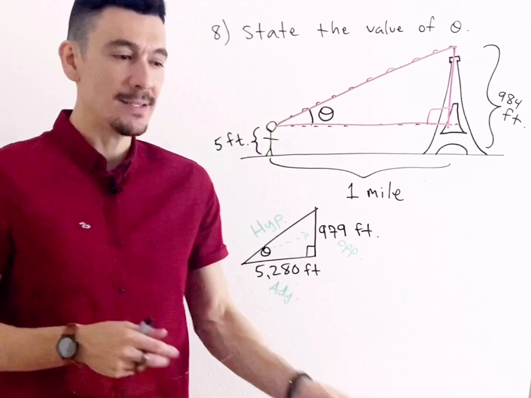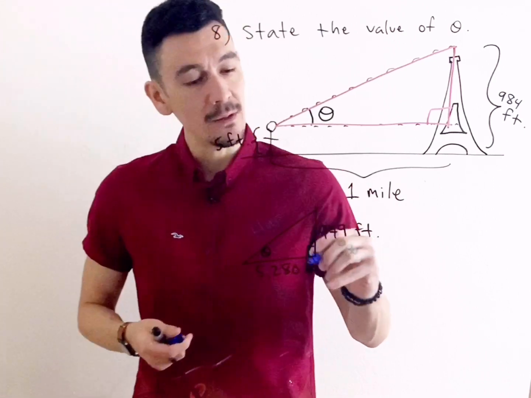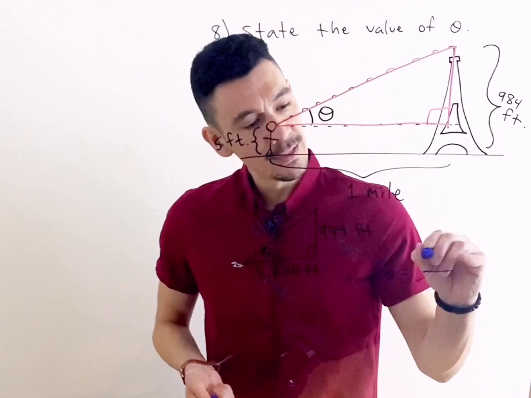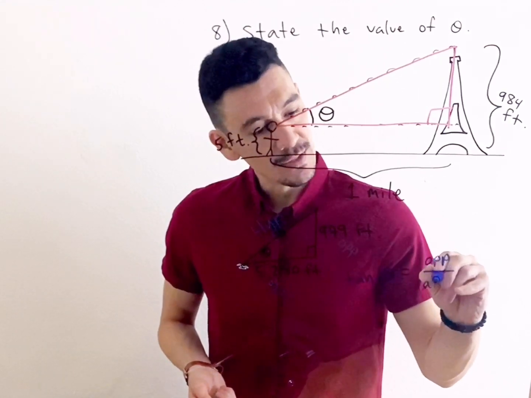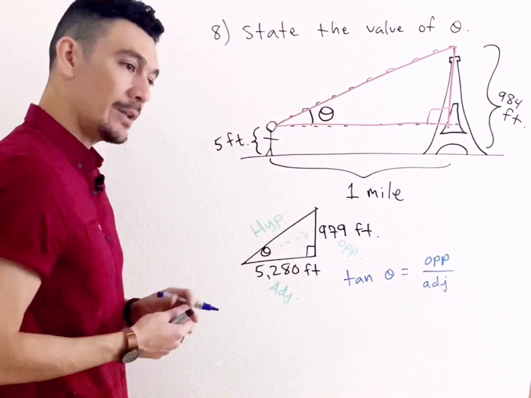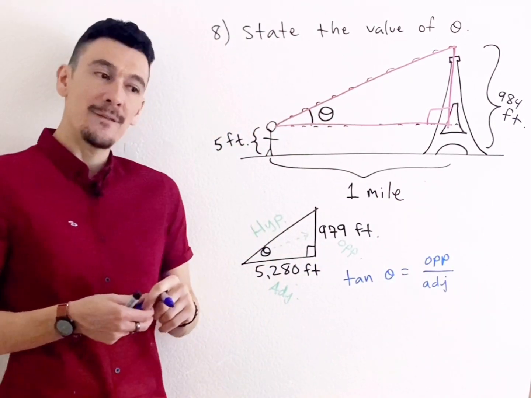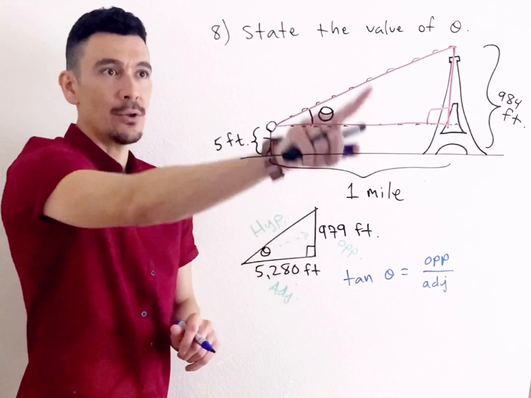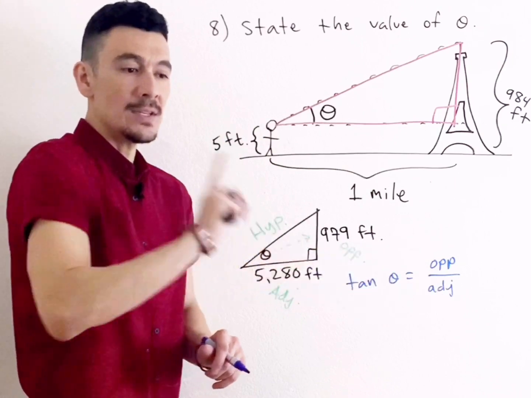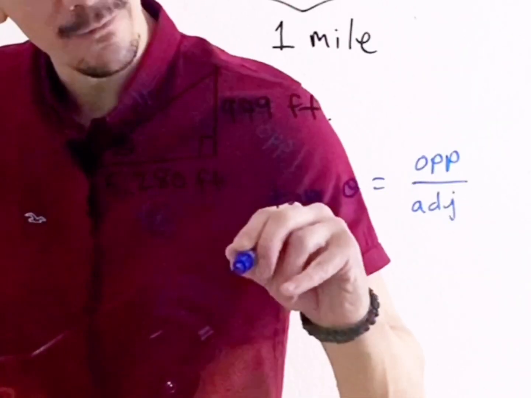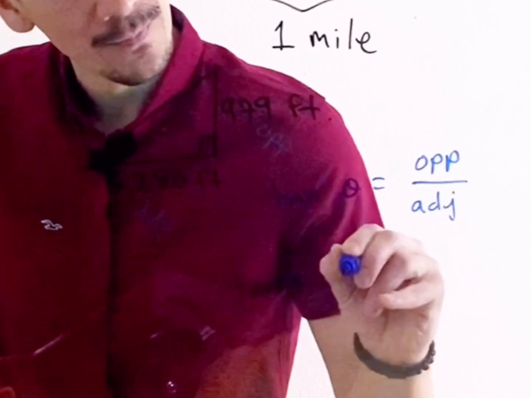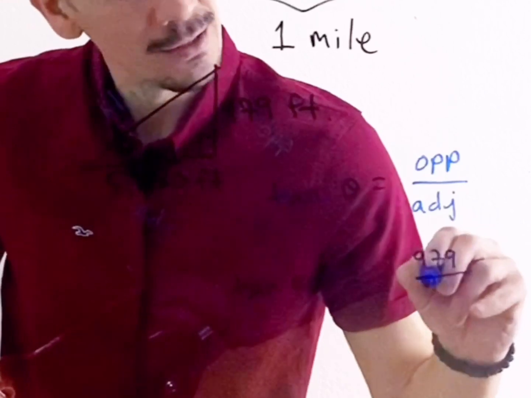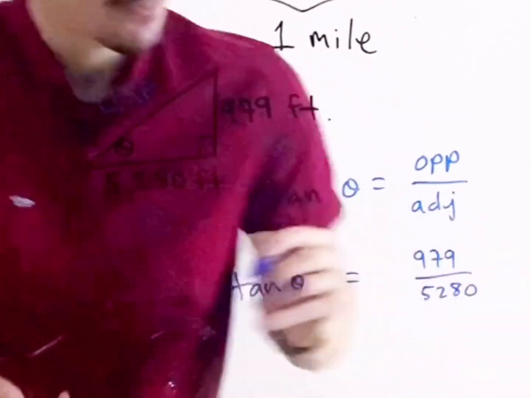So let's set up our tangent model. Tangent equals opposite over adjacent. Now let's fill in the information that we have. Do we have theta? Well, just call it theta because we don't know what the angle is. That's the goal. But we have the opposite and we have the adjacent. So we have tangent of theta equals 979 over 5280.